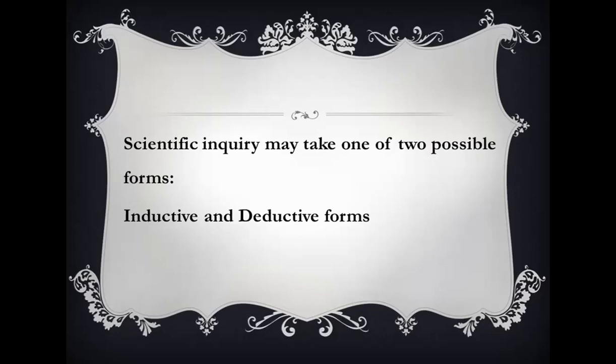But in the deductive method, we usually travel from a general thing to a particular thing. That means we may have a theoretical generalization, and in deductive research, we test whether the theoretical generalization can be applied in a particular context.